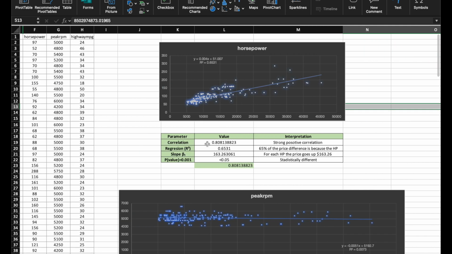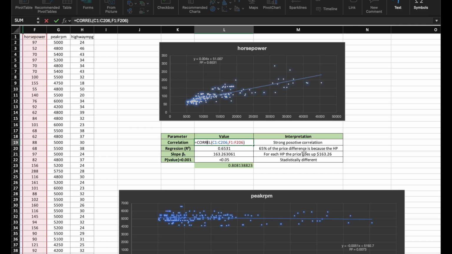And what does the correlation say? Basically the correlation is a strong positive correlation because it's near to 1. And the r squared, that is 0.65, means that the horsepower explains 65% of the price variation, and the slope, that is $163, means that each extra horsepower adds about $163 to the price.